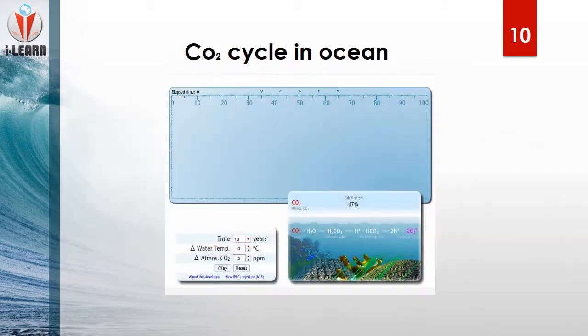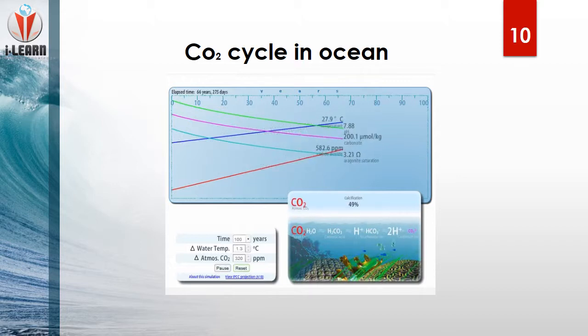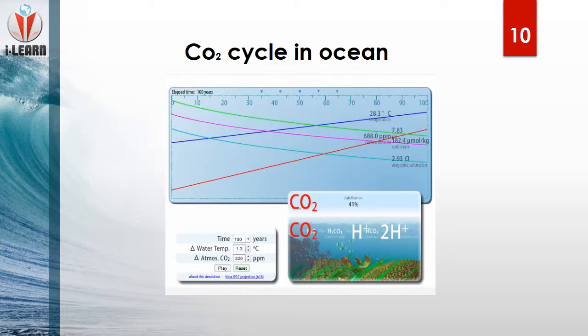So this is the CO2 cycle in the ocean, and this gives you the values and how the pH was reduced over the time period, and how carbon dioxide emission still grows day to day. Due to that, the pH was reduced.